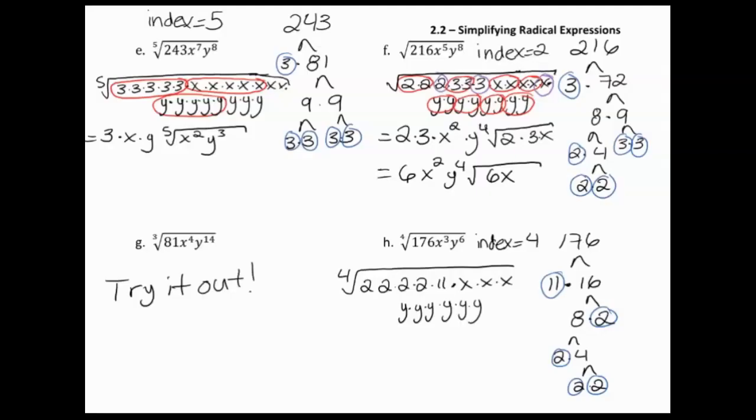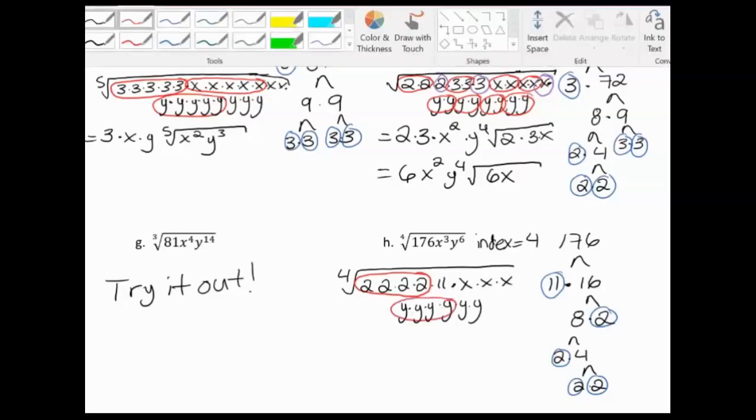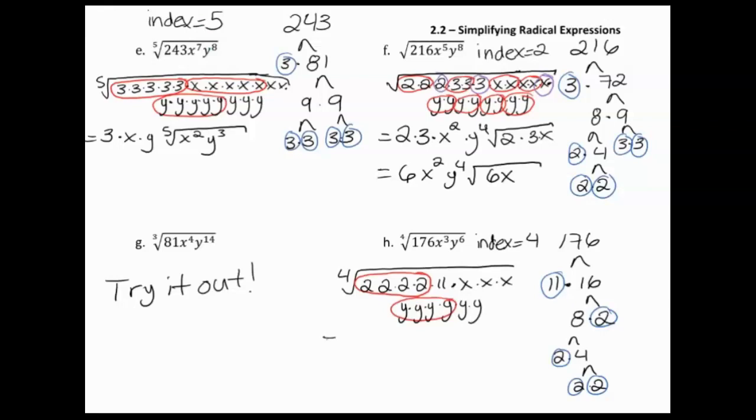Let's go ahead and make groups of 4. So I can make a group of 4 with this, not with the 11, not with the x's, but I can make a group of 4 with my y's. So we're gonna have a 2 outside and 1 y outside.